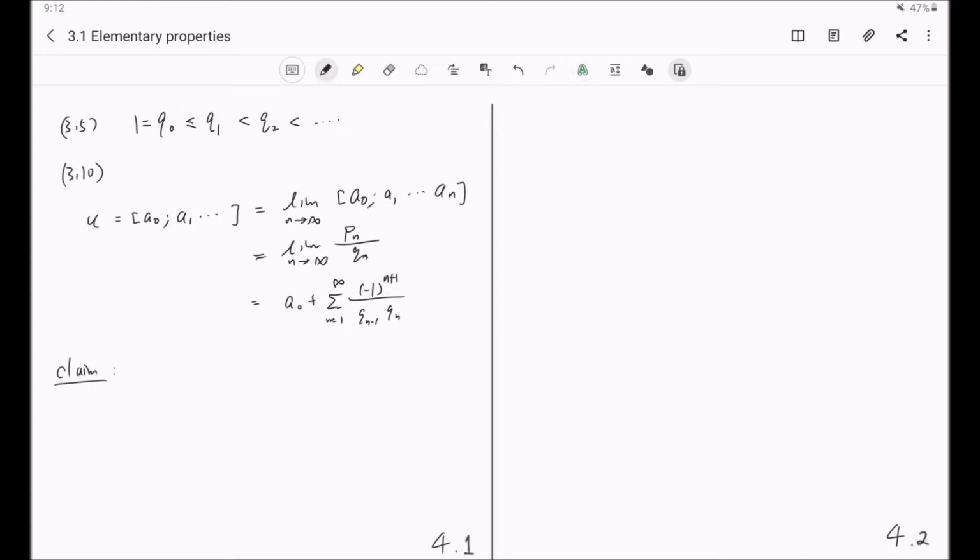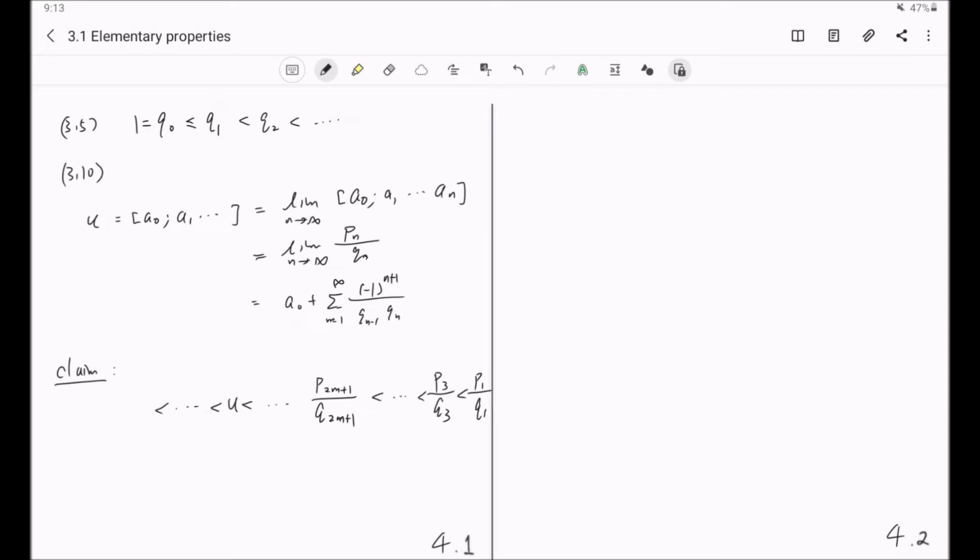Claim that U is squeezed between the following sequences. Above, by all the odd terms, P sub 2m plus 1 divided by Q sub 2m plus 1. And this is less than or equal to all the way to P sub 3 over Q sub 3, which is less than P sub 1 over Q sub 1.